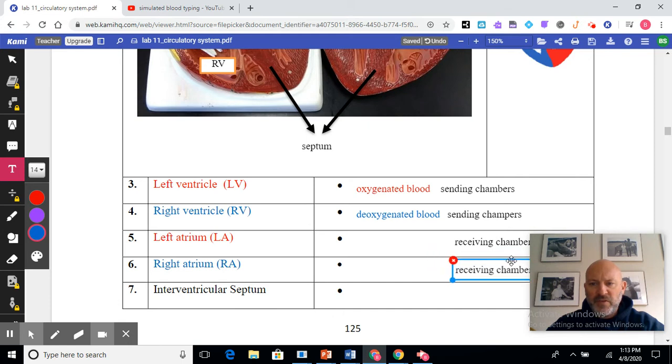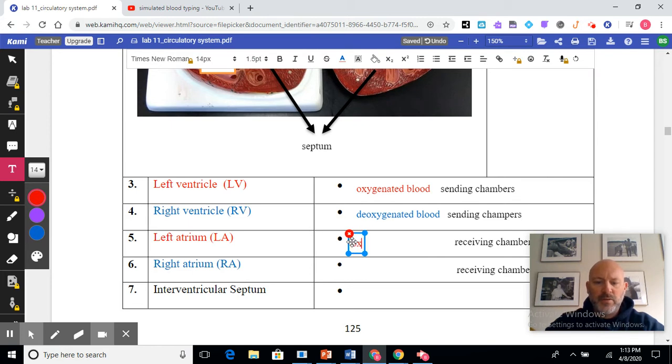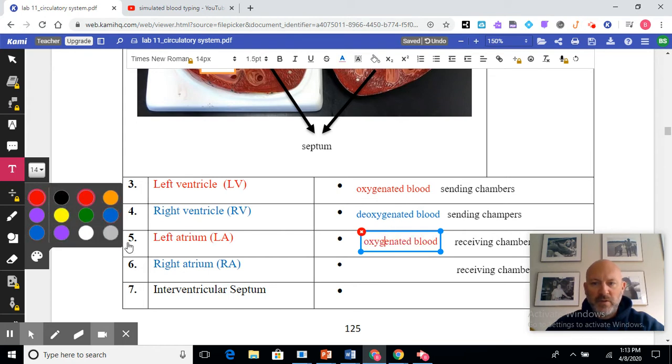These are the receiving chambers, while the left atrium receives oxygenated blood. And then the right atrium receives deoxygenated blood. I want that red.